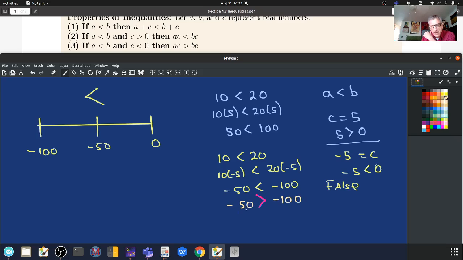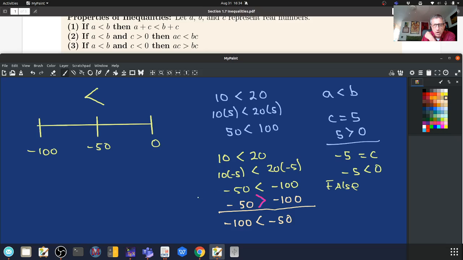To say that minus 50 is greater than minus 100 is the same thing as saying minus 100 is less than minus 50. So the rule here, which is expressed in number 3, is if I multiply an inequality by a negative number, to keep the trueness of the inequality, I have to change the sign.